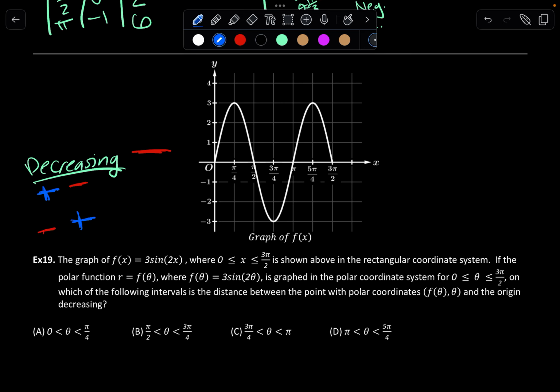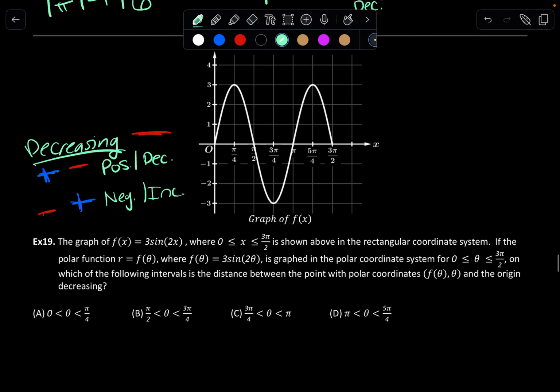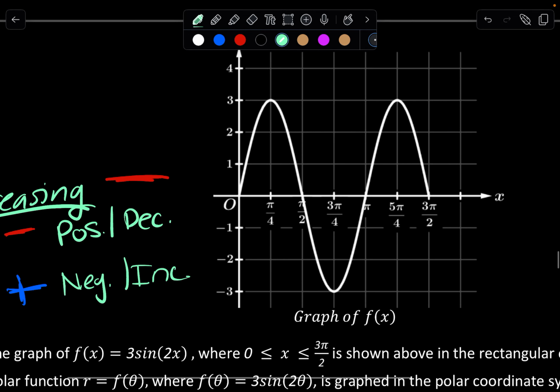Basically, I want the curve to be positive and decreasing, or negative and increasing. All right, which in this rectangular form, or this graph, we can go ahead and take a look at that. So from here to here, the curve is positive. And then below, the curve is negative.